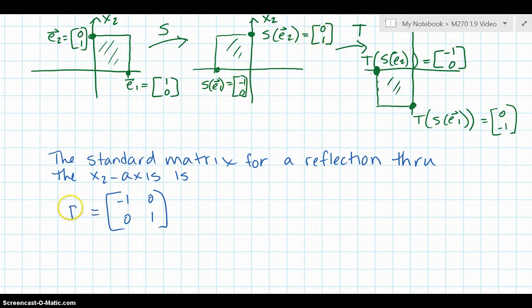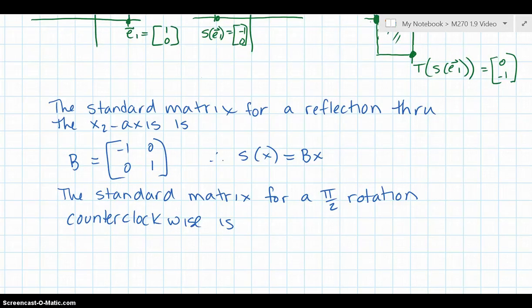Let's call that B. Therefore, S of X is, we know, the first, I drew the picture up there of what we had before, is just BX. And you can also look this up in our table. We know the standard matrix for a pi over 2 rotation counterclockwise is, well, we had a formula for that.